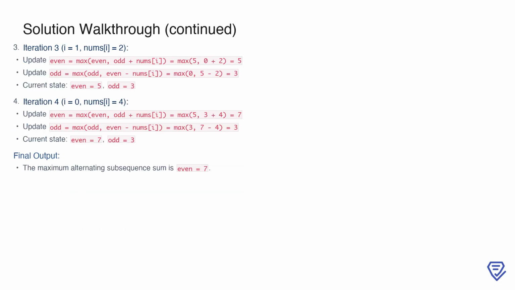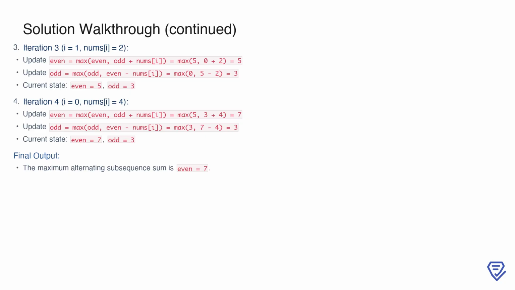Next, at index 1 where the value is 2, we calculate the updates for even and odd. Even remains 5 as it is the maximum of its current value and odd plus the current number. Odd is updated to the maximum of its current value and even minus the current number, resulting in 3. At this stage, even is 5, and odd is 3. Finally, at index 0 where the value is 4, we compute the last updates.